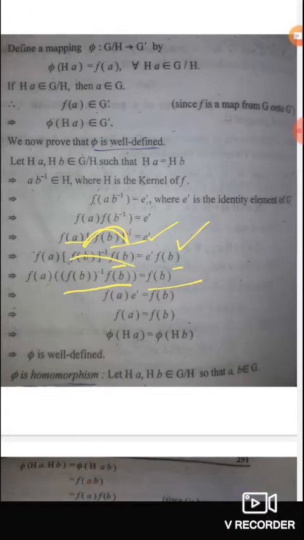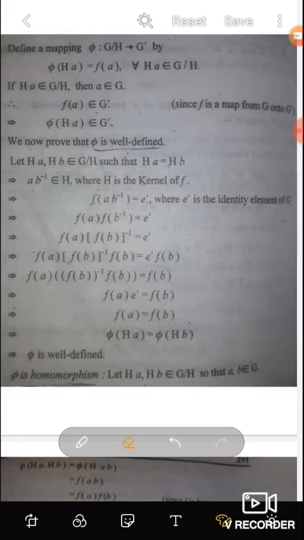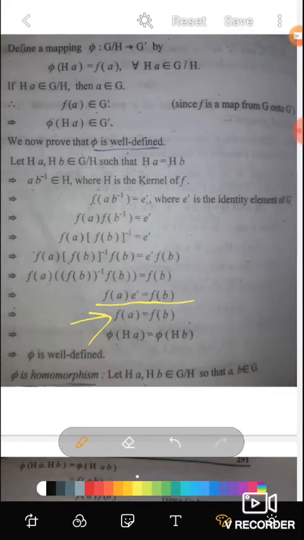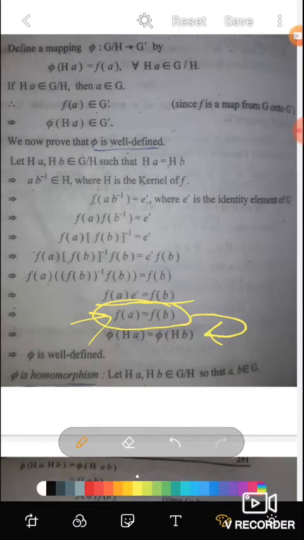So here what we saw, that an element is multiplied by its inverse. So what will it give? It will give an identity element, right? Again, what we get is f of a equal to f of b. So we can write this in place of this thing. And why is this so?